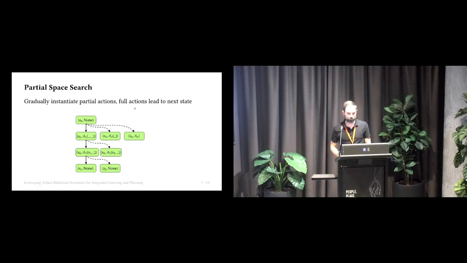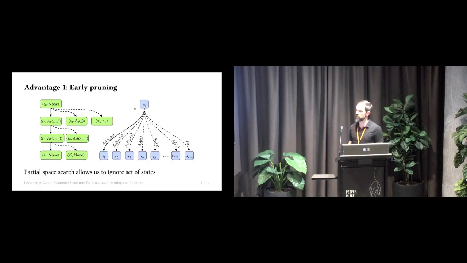Fairly straightforward. So now the first advantage, that's the planning advantage. So what we can do here now with this, we can have that early pruning that I mentioned in the beginning of the talk. If I can find a particular action schema that is really bad for that state, I can prune all of that in a single movement, right?